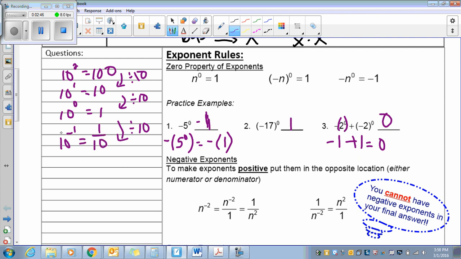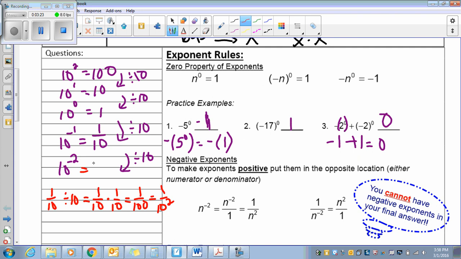So in order to get this negative exponent into a positive exponent, we would put it as a fraction. If I followed that again, 10 to the -2nd, you would have to divide 1/10 again by 10. 1/10 divided by 10 is the same thing as 1/10 times 1/10, which would give you 1/100th, which is the same thing as 1 over 10 squared.